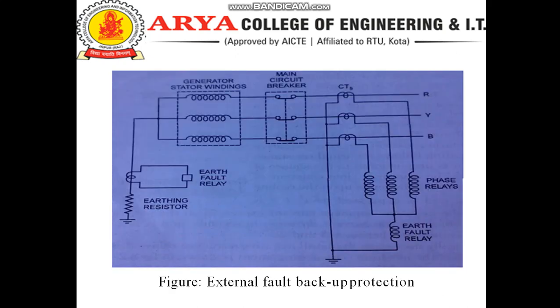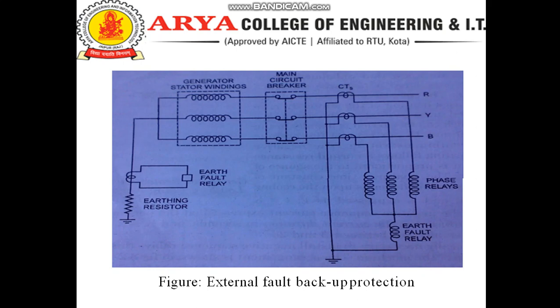This is the basic circuit diagram of external fault backup protection. In this diagram, the generator stator winding is shown in series with the main circuit breaker, and the earth fault relay is connected here. The phase relays are connected through current transformers, that is CTs, and three CTs are connected, one in each phase, that is red phase, yellow phase and blue phase.